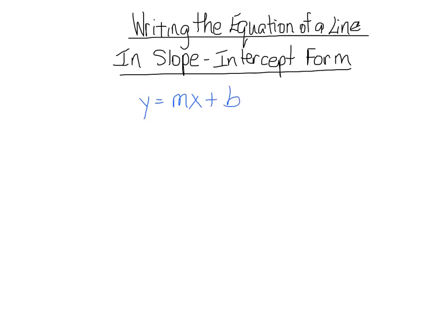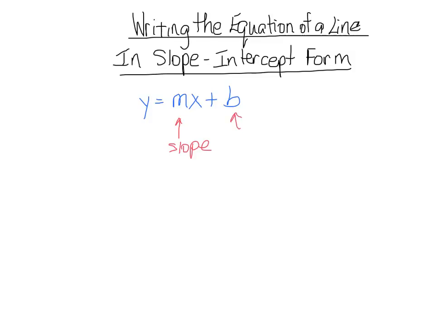In the general example here, whatever number comes before our x, or the coefficient of our x, will be the slope. And as you may remember from a previous lesson, the slope is the rise over the run. It's how steep our line is.